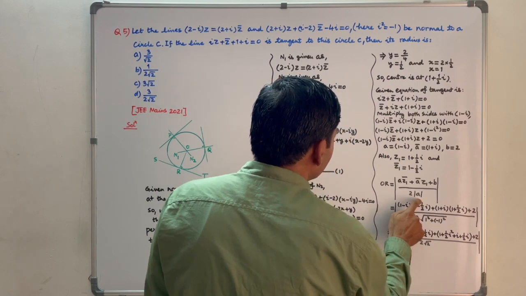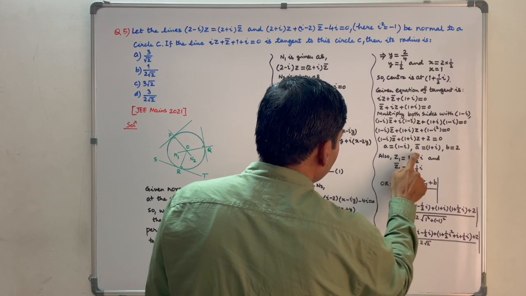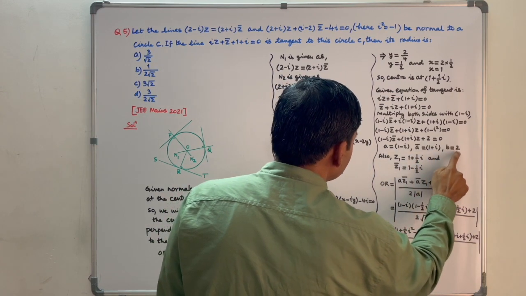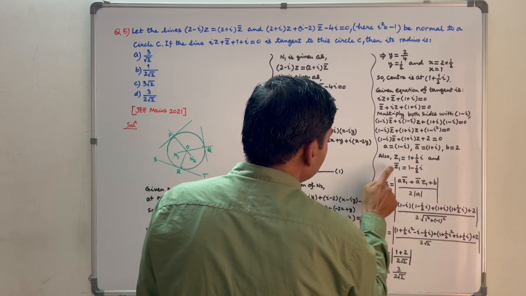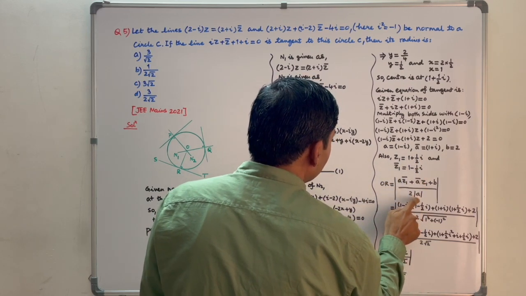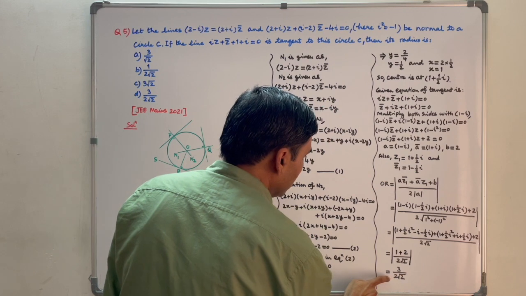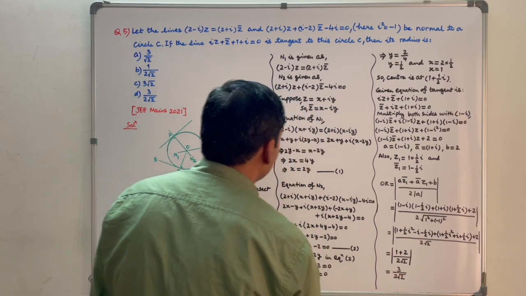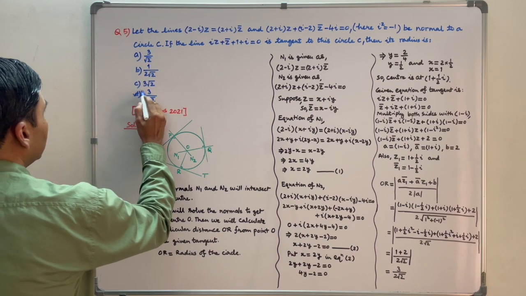We can start putting the values. a is equal to 1 minus i, a bar is equal to 1 plus i, b is equal to 2, Z1 is equal to 1 plus 1 by 2 i, Z1 bar is equal to 1 minus 1 by 2 i and mod a is equal to under root 2. So we will get OR or radius of the circle equal to 3 upon 2 root 2. So the correct option is option D.